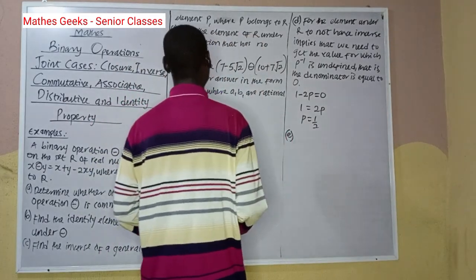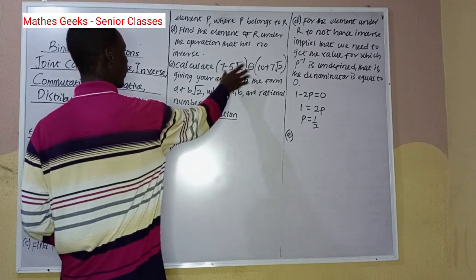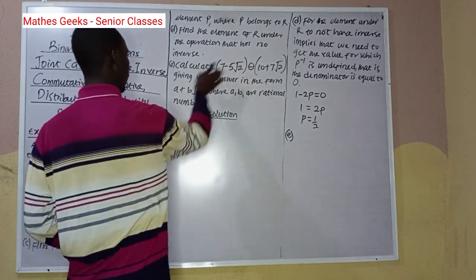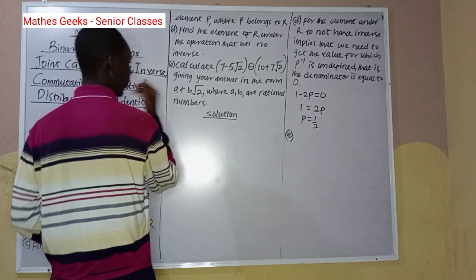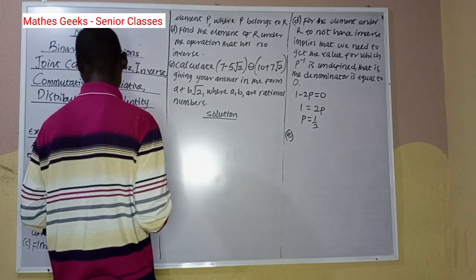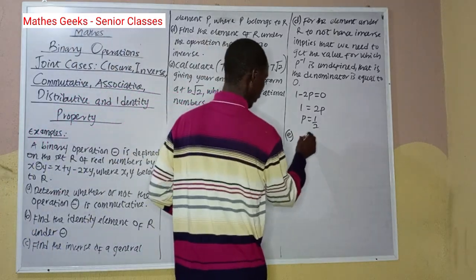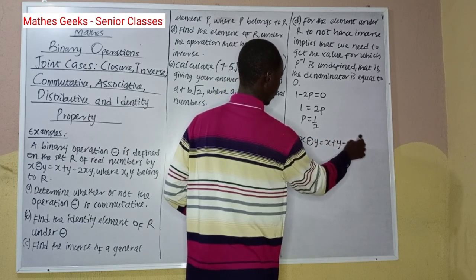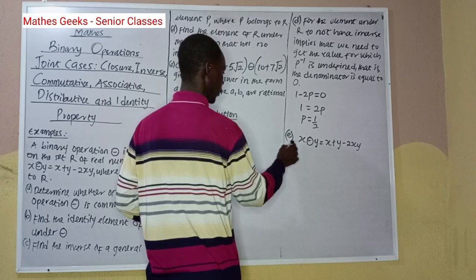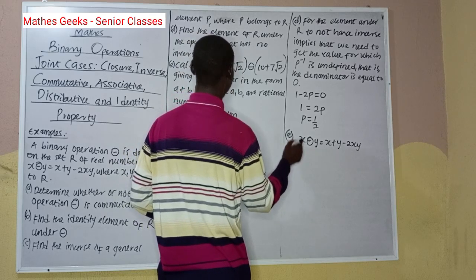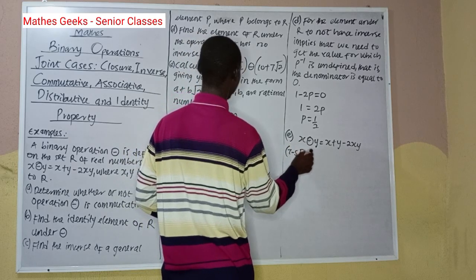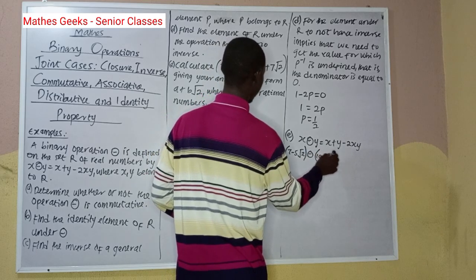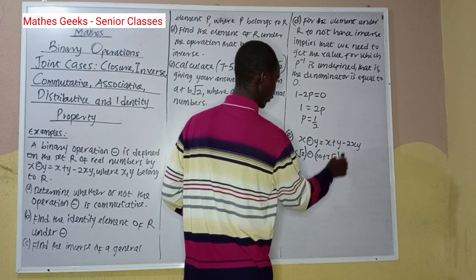So we're to simplify this operation, and once we simplify this, we're going to get to this form. So let's first of all write our general rule. x operation y is equal to x plus y minus 2xy, and here we have 7 minus 5 root 2 operation 10 plus 7 root 2.